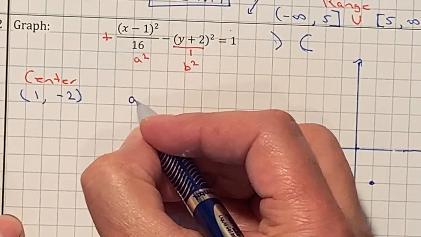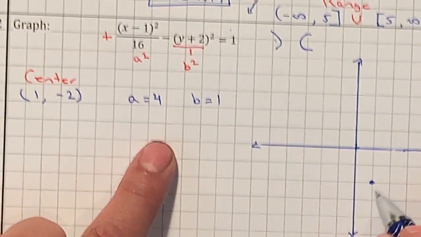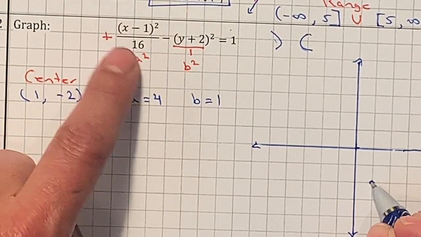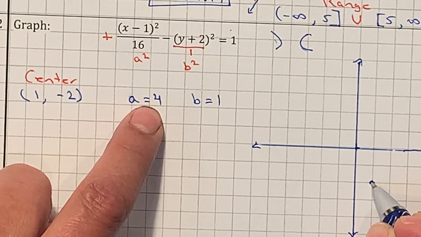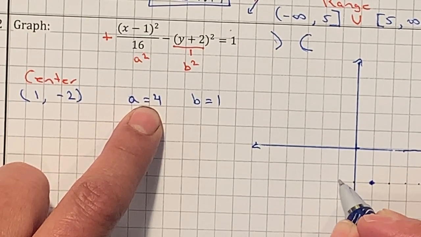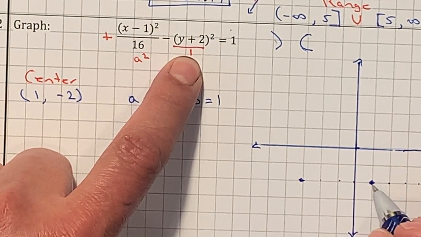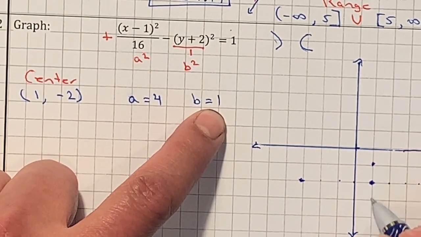So therefore A is equal to 4 and B is equal to 1. So from my center, under the x there's a 16, so 1, 2, 3, 4, sideways, 1, 2, 3, 4. Under the y, there's a 1, so I'm going to go up 1 and down 1.